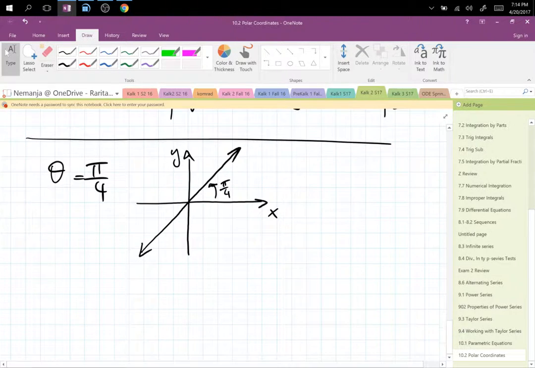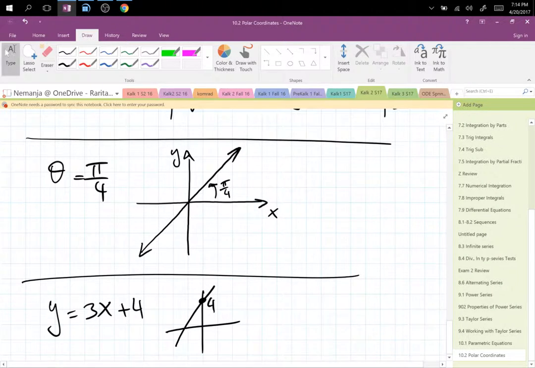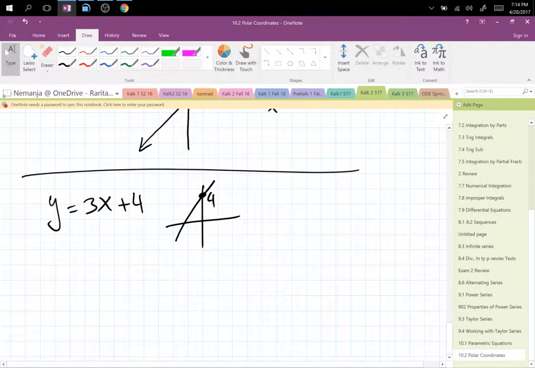But your line y equals 3x plus 4 will go through 4. It doesn't go through the origin. So this should have a disgusting equation in polar coordinates. And we can quickly show how that looks.